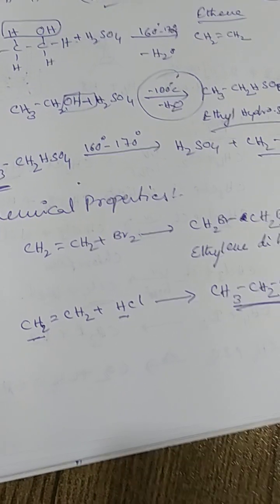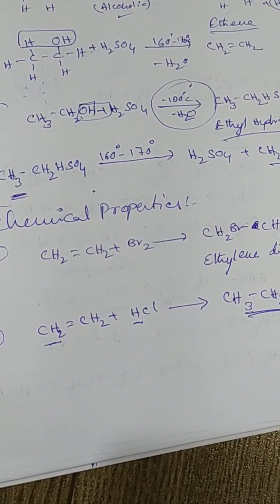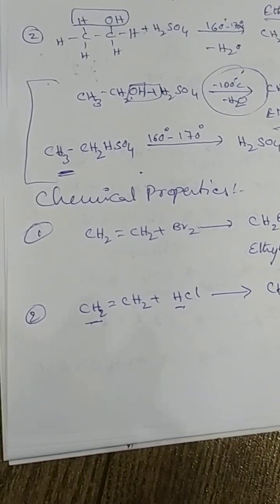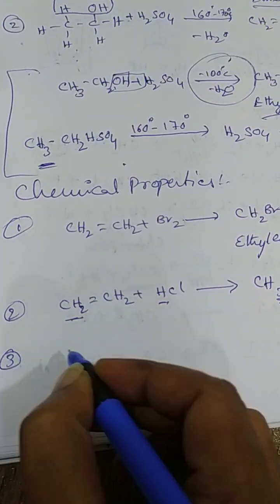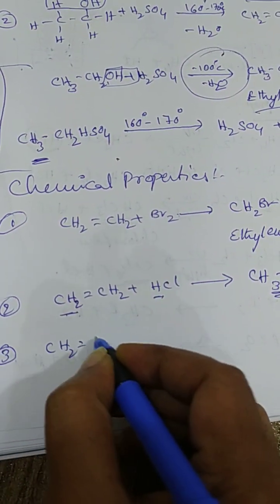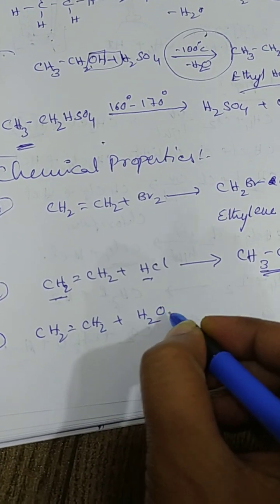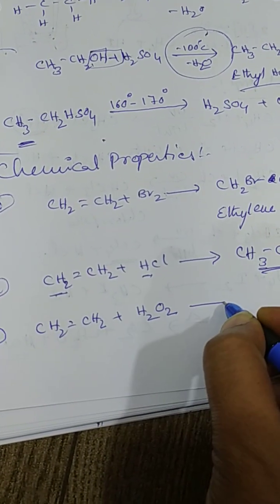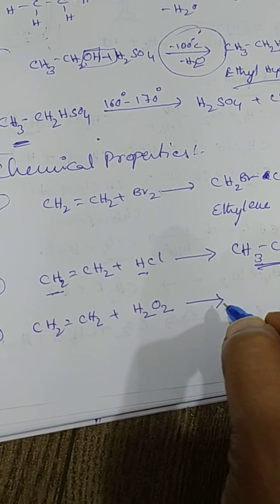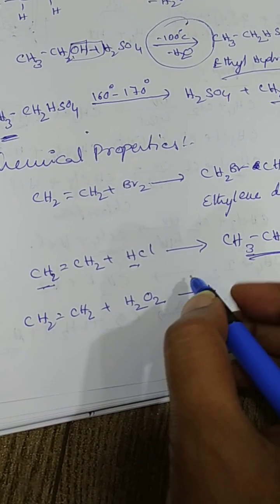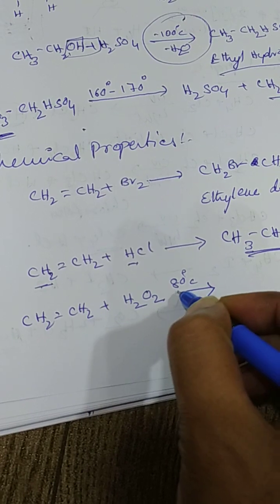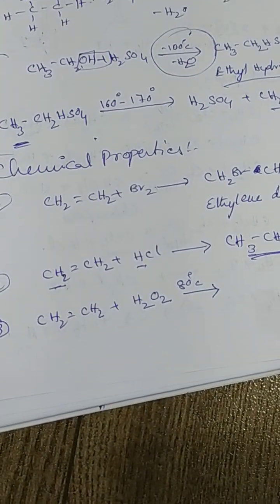And if you take the same reaction with hydrogen peroxide, CH2 double bond CH2 plus H2O2, it will react at 80 to 180 degrees temperature, which means we have to heat this compound.